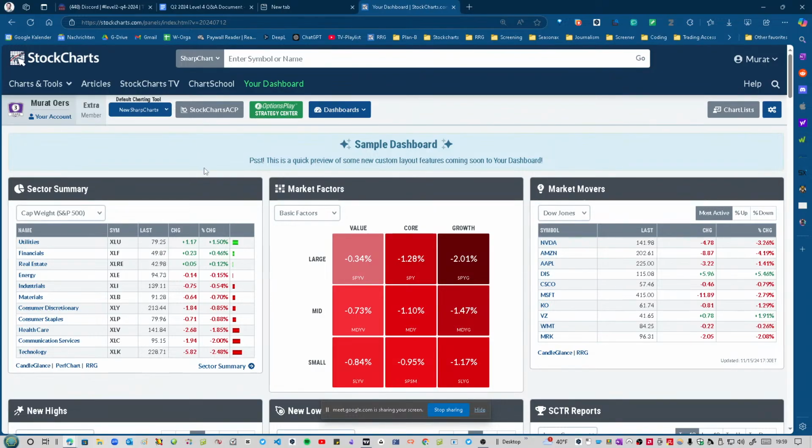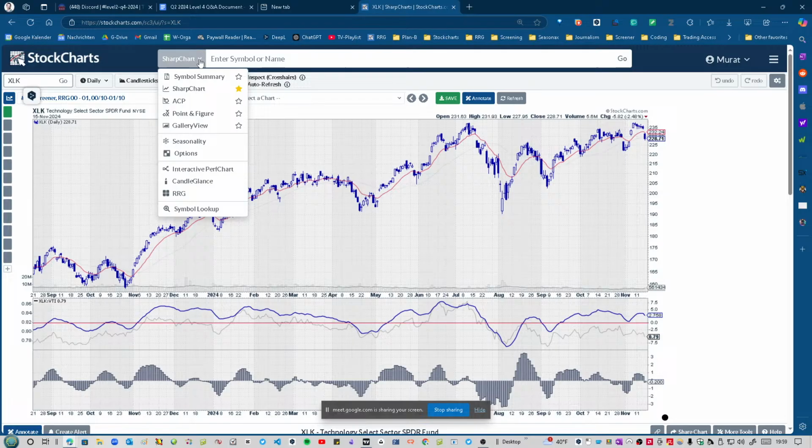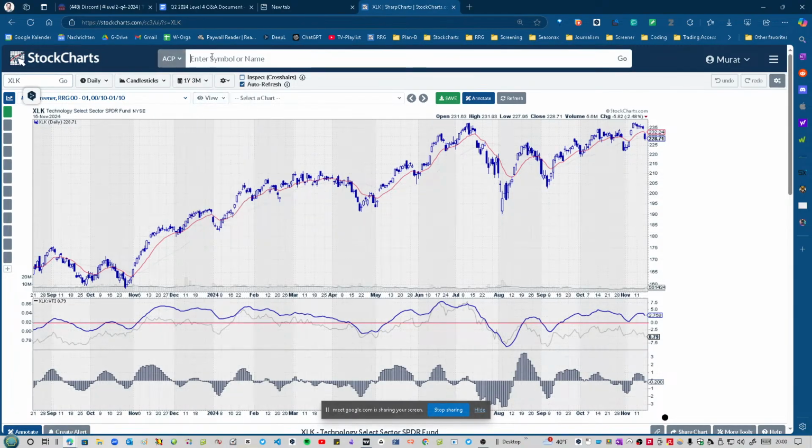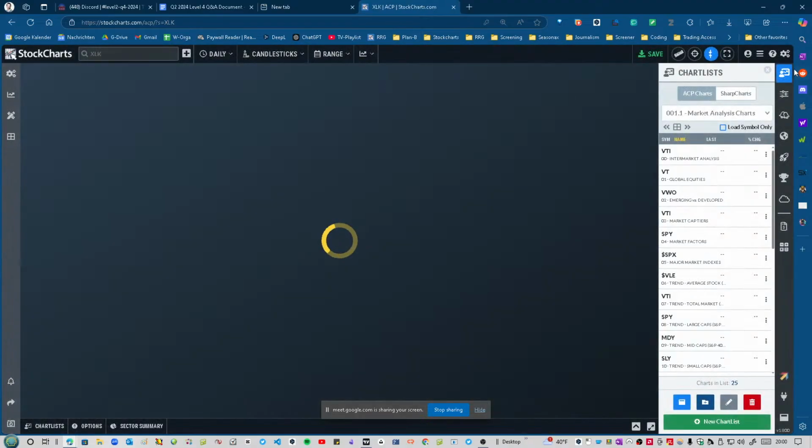But what you should do is look at how the sectors are performing at the moment. What is really cool on StockCharts is that you can look at one asset, let's say XLK. Oh, no, not on SharpCharts, on ACP, the advanced charting tool from StockCharts.